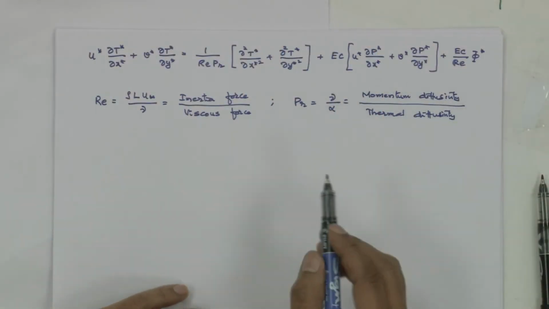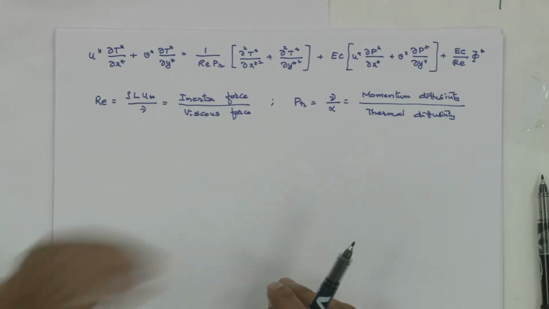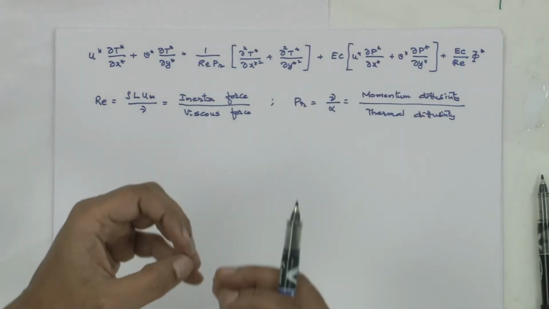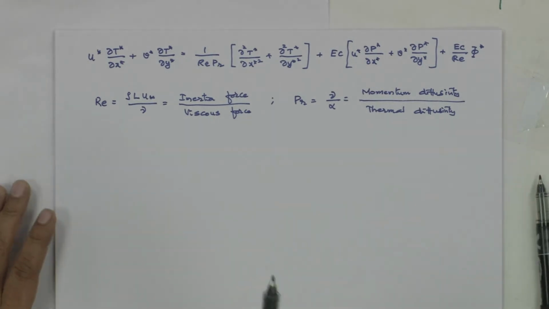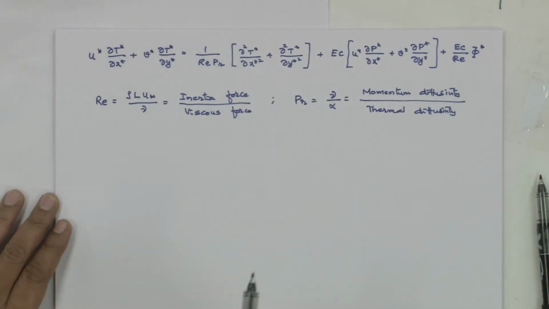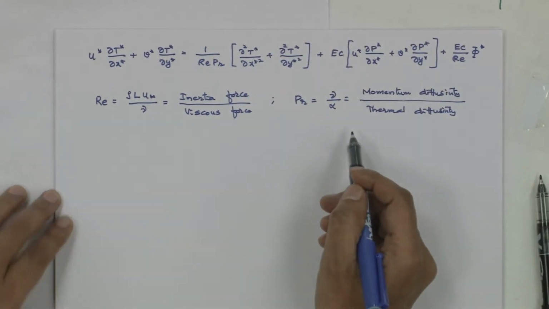That is diffusion. So, momentum gets diffused because of the presence of nu. If nu is not there, momentum cannot. That is, one molecule giving momentum to the next molecule is only through this nu. And alpha, thermal diffusivity, means thermal energy is getting diffused through this alpha.